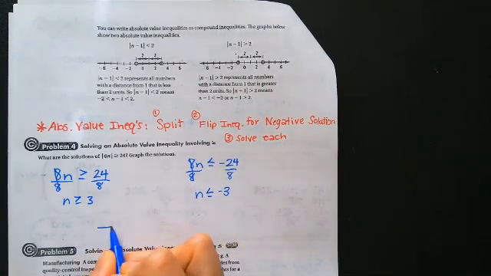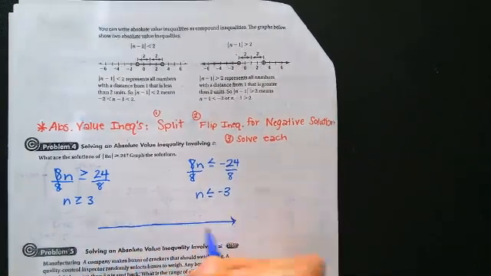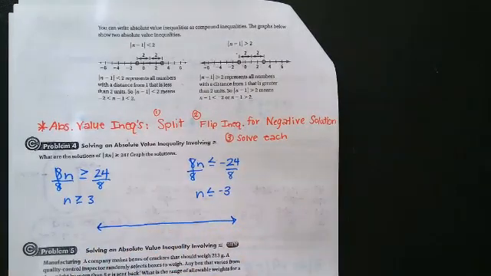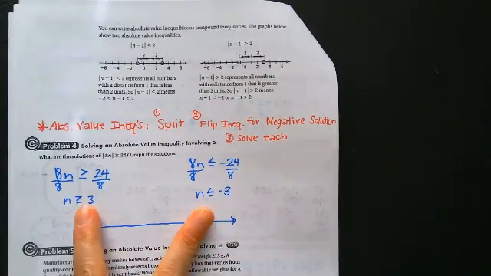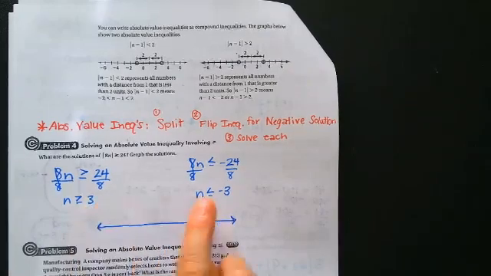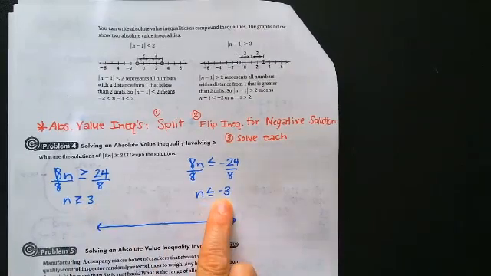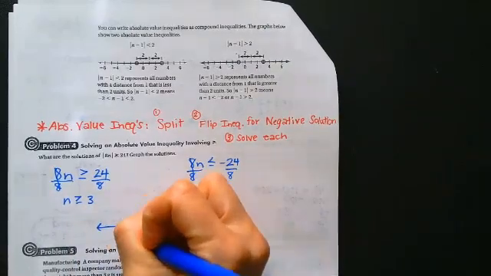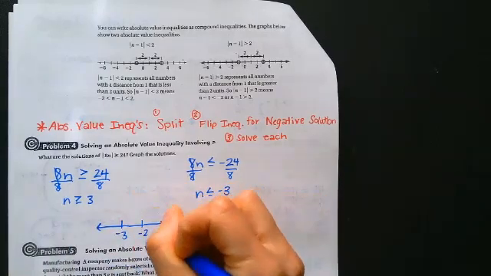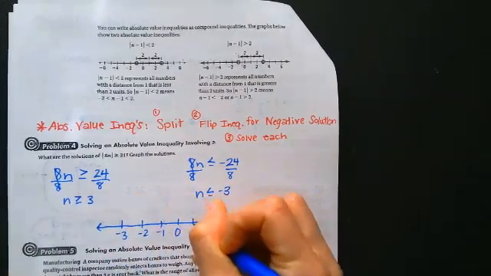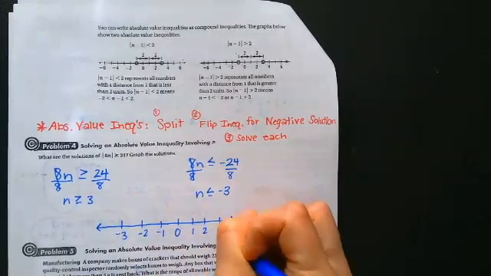So the one thing you want to pay attention to when you're graphing the inequalities is that a lot of times when we do it like this, our numbers are flipped. So our smallest number we need on here is negative 3, and our largest is positive 3. So negative 3, negative 2, negative 1, 0, 1, 2, 3.